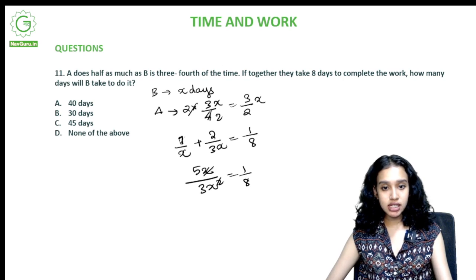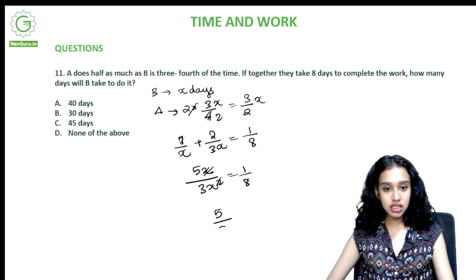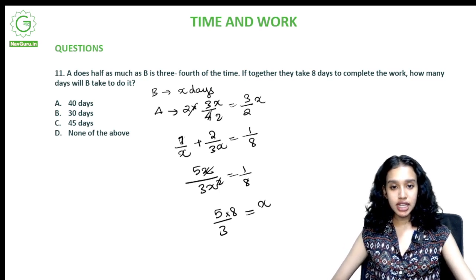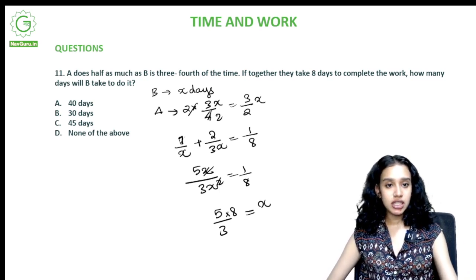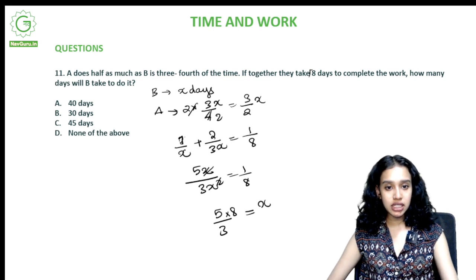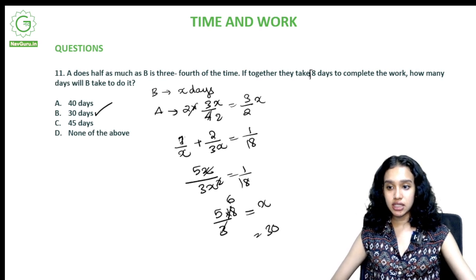So X square and X cancel out and we get 5 by 3 into 8 is equal to X, right? 5 8s are 40, so we get 40 by 3. I think the question is supposed to be 18 days. So this becomes 18, and 6 5s are 30. So the question is 18 days here and the number of days is 30 days.